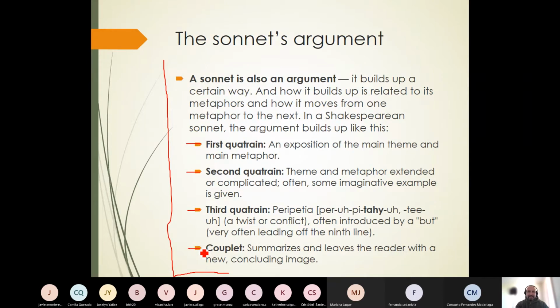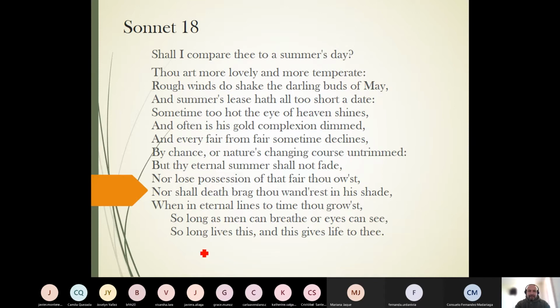Okay. For this activity, we have sonnet 18. This sonnet is a very famous one.